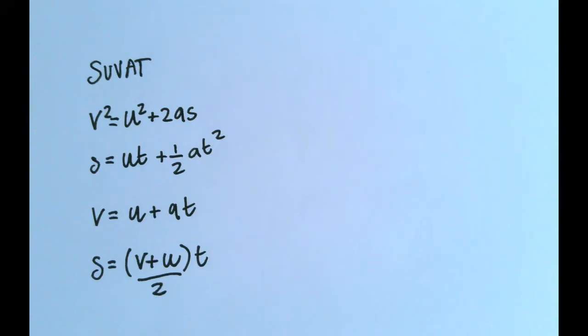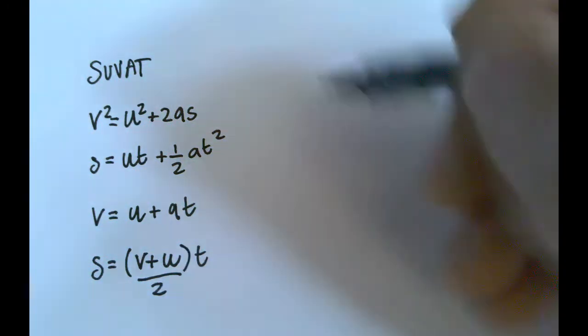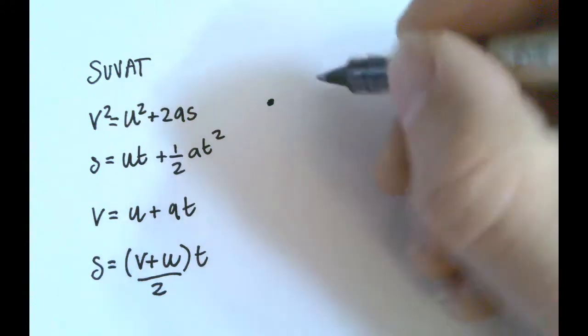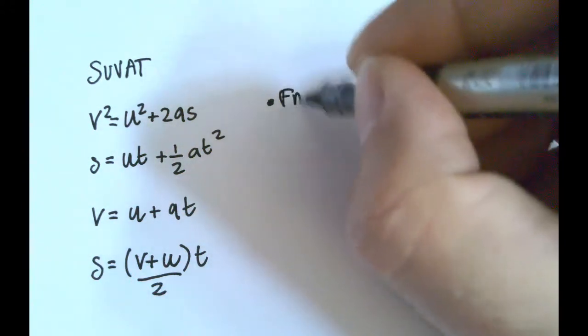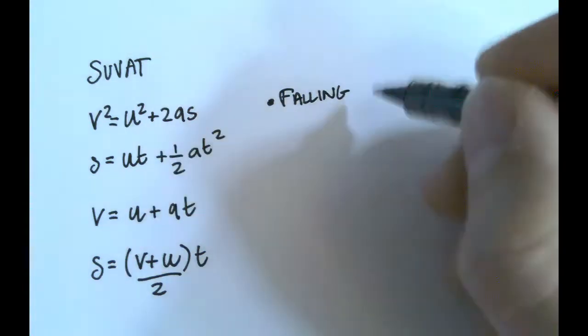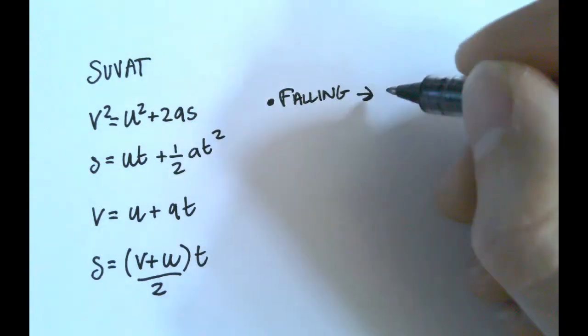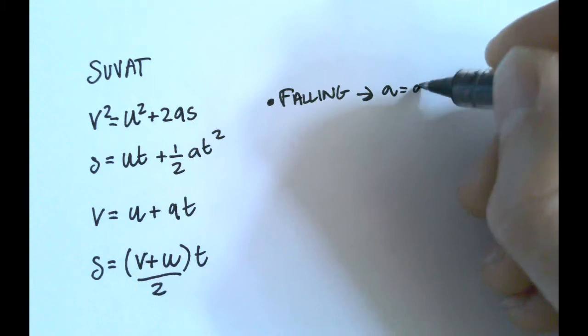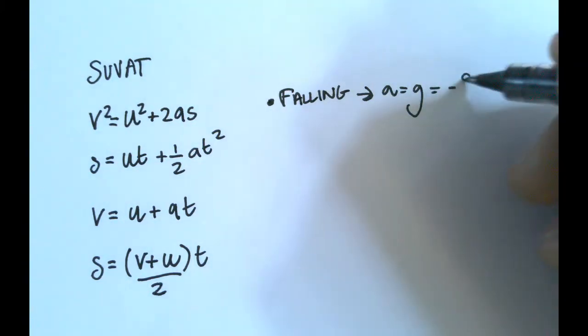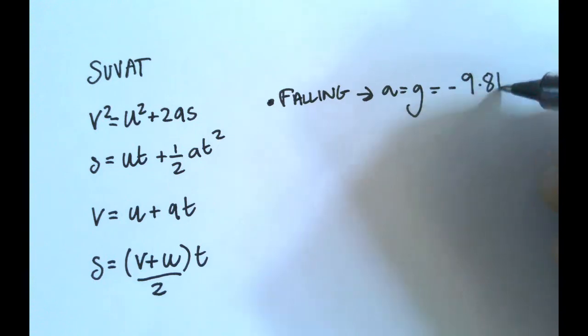Now, one of the things that you might need to know is what the acceleration's equal to. One thing that you should think about is if the question's referring to something falling, they are basically telling you to use the acceleration to equal little g, which equals for us minus 9.81 meters per second squared.